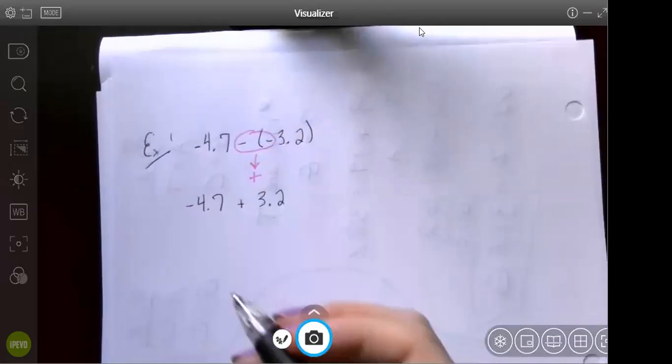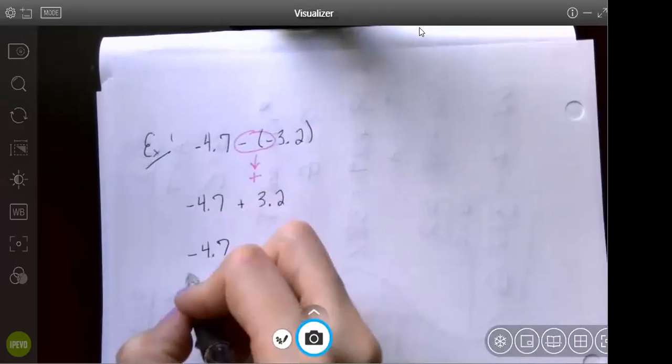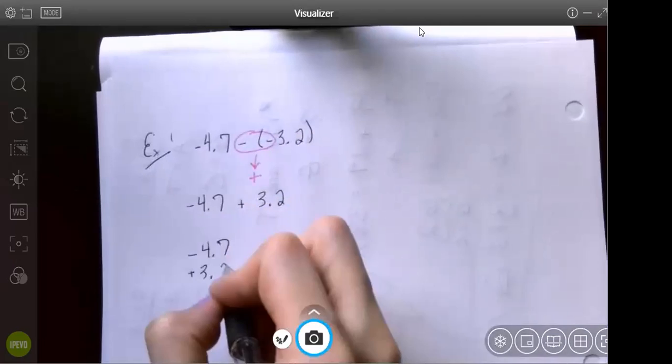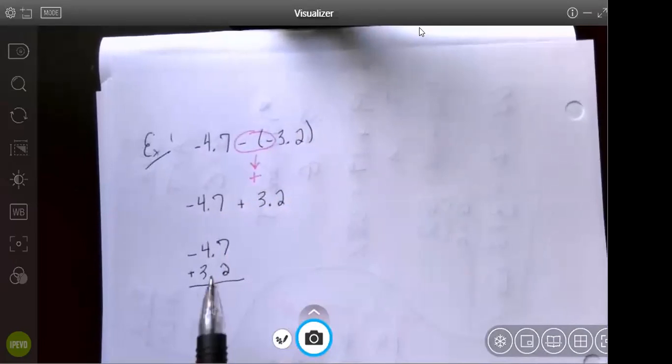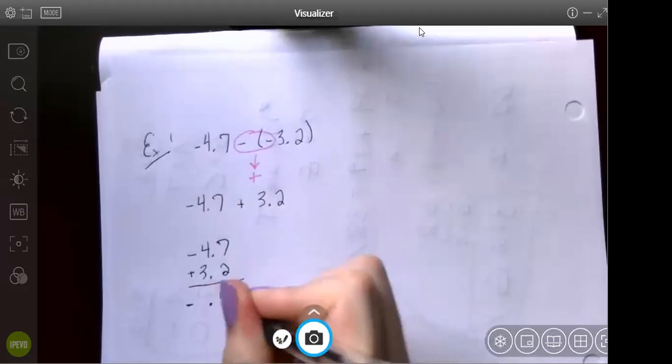But you could also set it up like negative 4.7 plus 3.2, like so. And then you just do negative 0.7 plus 0.2 gives us negative 0.5.